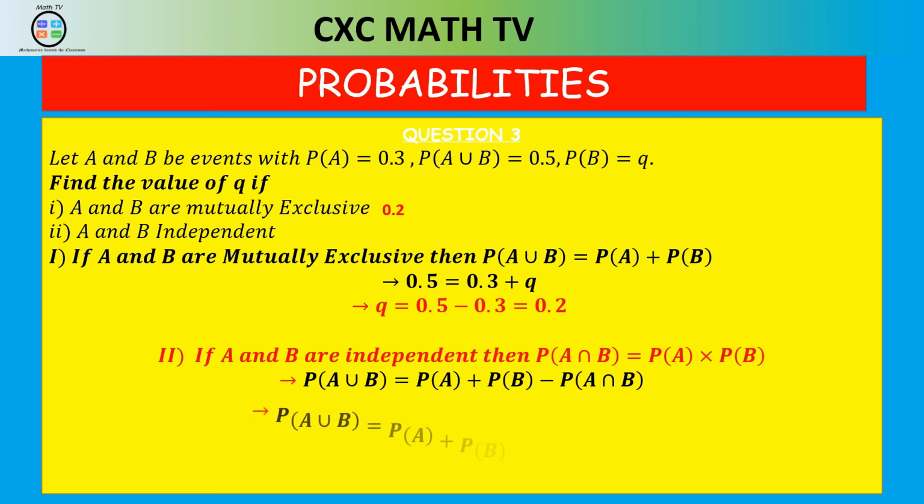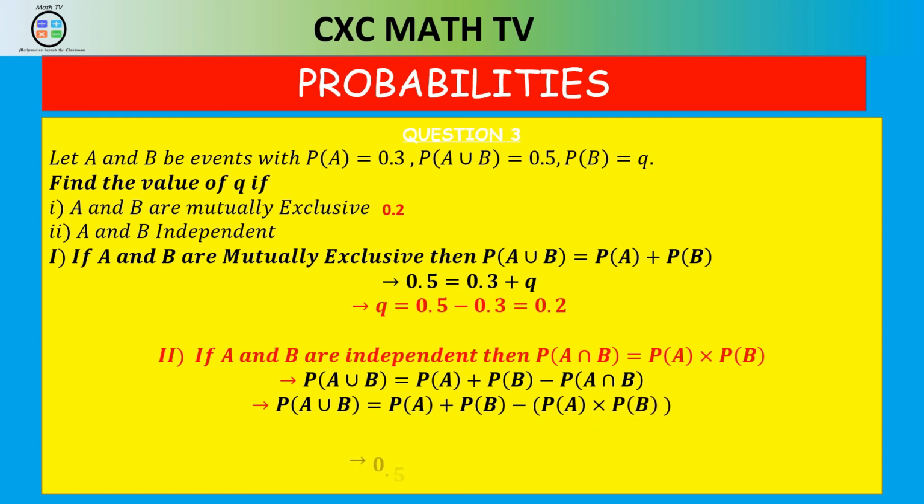So now we can input all of those into the formula, and so the probability of A union B is 0.5. That's equal to the probability of A, 0.3, plus the probability of B, which is Q, minus the probability of A times the probability of B, that is going to be 0.3 times Q.